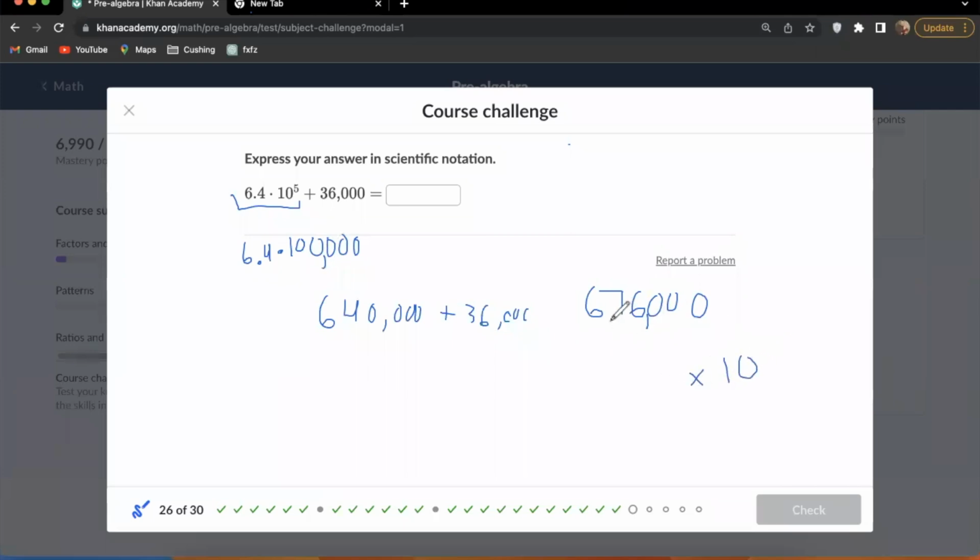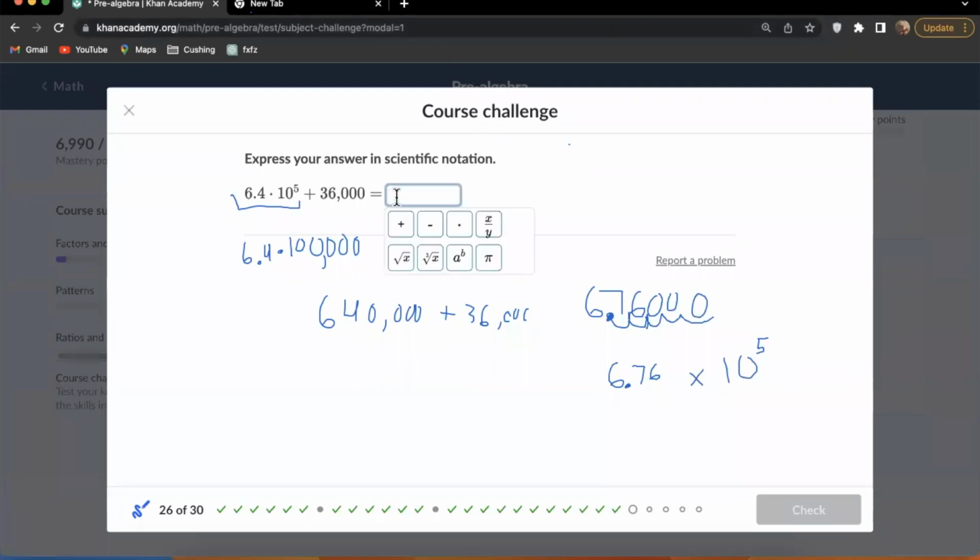Instead of 676,000, I'm going to put the decimal here, and I would need to multiply it by 10 to the first, to the second, to the third, to the fourth, to the fifth. So it's going to be 6.76, all the non-zero numbers I have, times 10 to the fifth. So that's going to be 6.76 times 100,000. So it's going to give us 676,000.